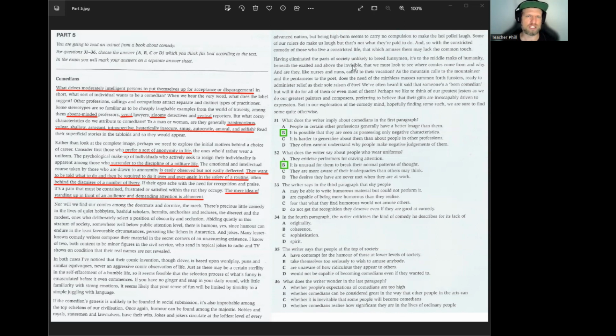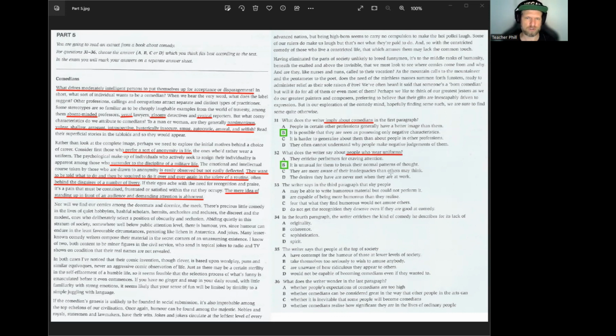So here you can see how you can do this. You read the question, and you look at what's important in the question. Again, you can underline this. So for example, here we can say comedians, or here people who wear uniforms.